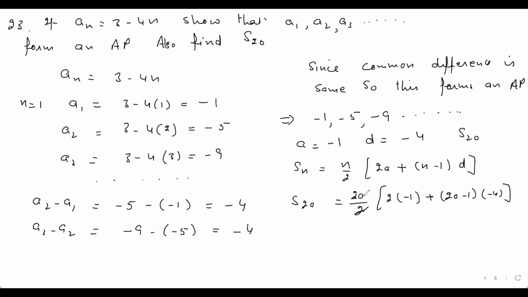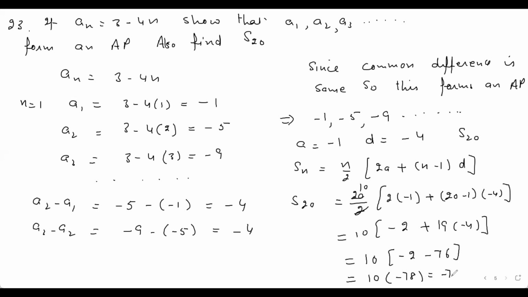This is equal to 10 into minus 2 plus 19 into minus 4. This is equal to 10 into minus 2 minus 76. This is 10 into minus 78, that is minus 780. Therefore, sum of 20 terms is equal to minus 780.